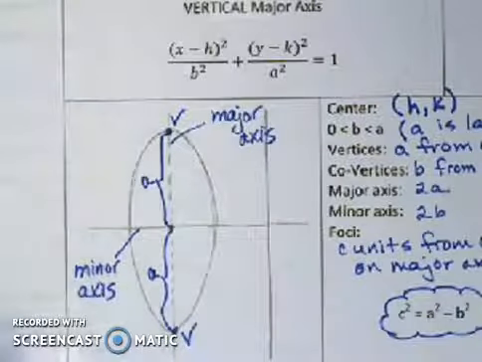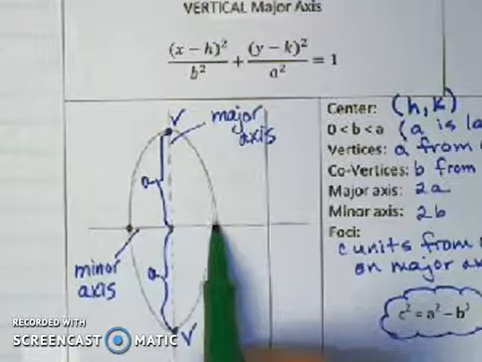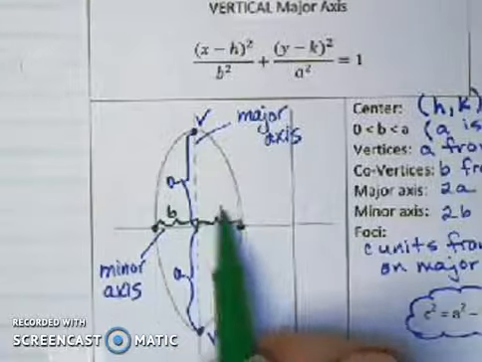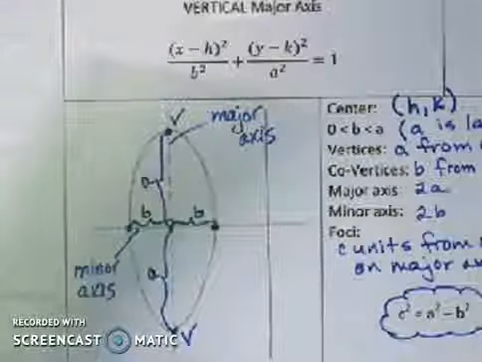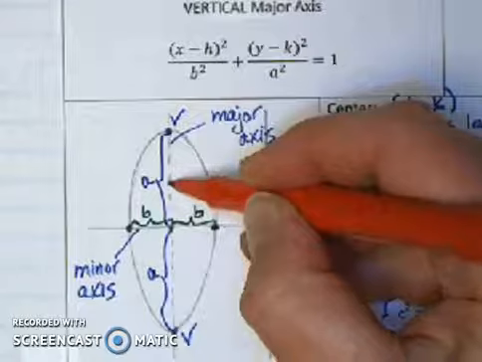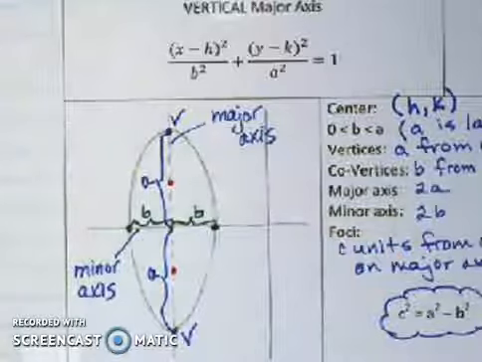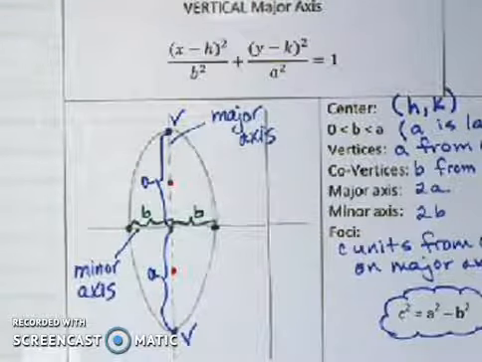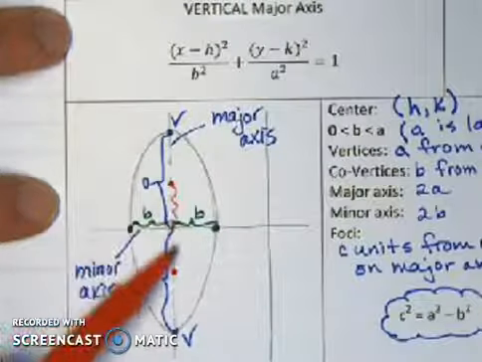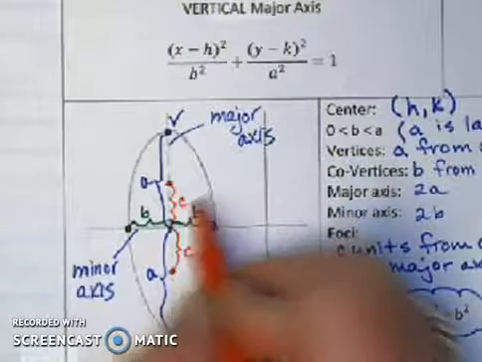Let's put in some of the other points. B, this distance and that distance. There's your B on the minor axis to the co-vertices. You have the foci, and we'll put the foci up here. And the distance to the foci, remember, is a distance of C. So that's C, and that is your foci.